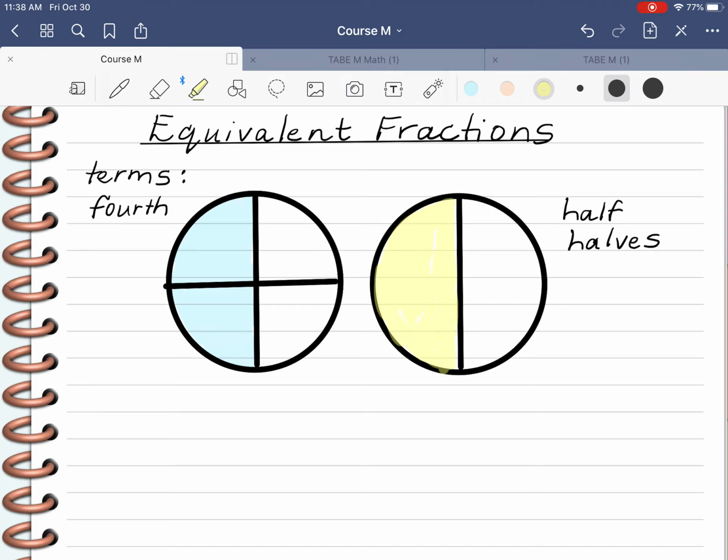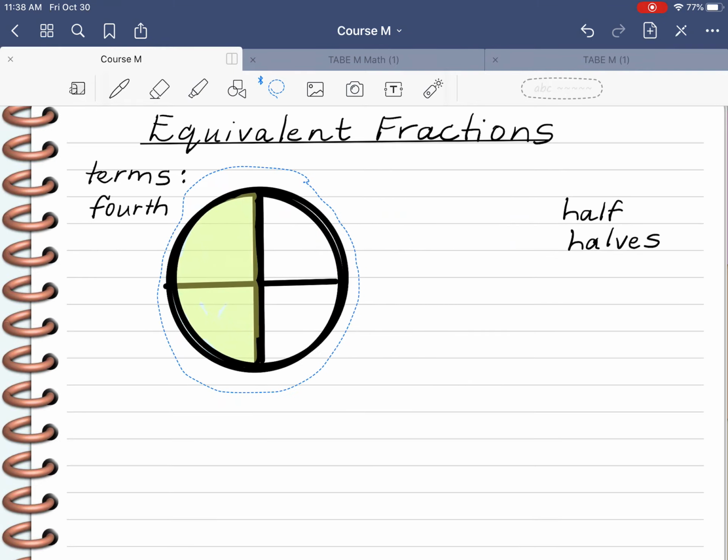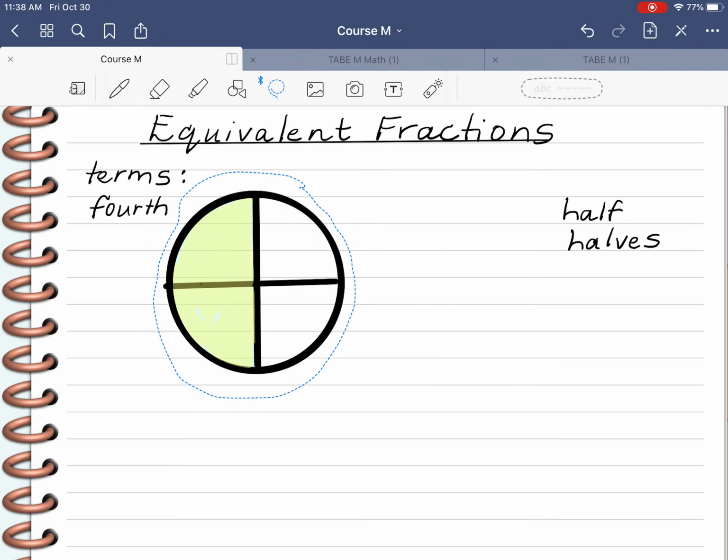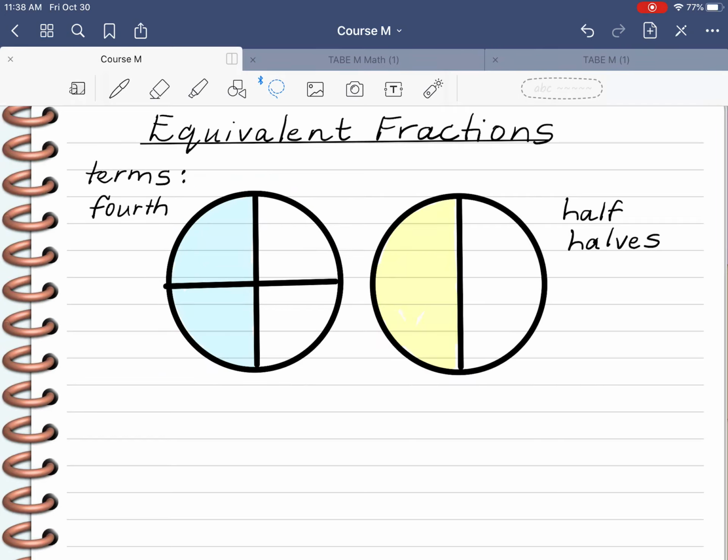Now we can visually see that those two amounts are equal. In other words, if I were to take this circle and put it on top of that circle, I have exactly the same amount colored in each circle. So in this one, 2/4 is shaded.